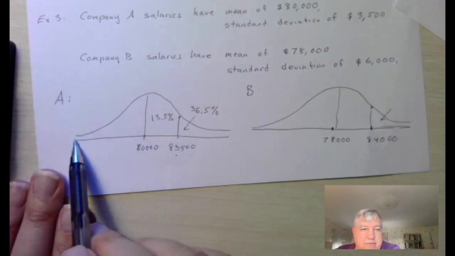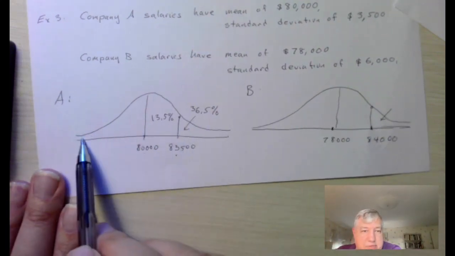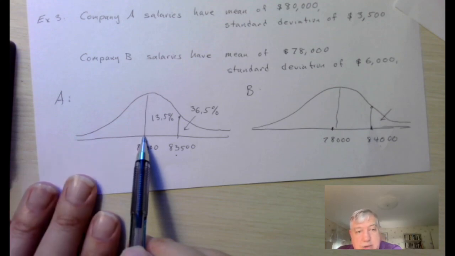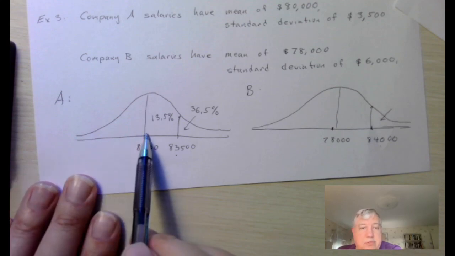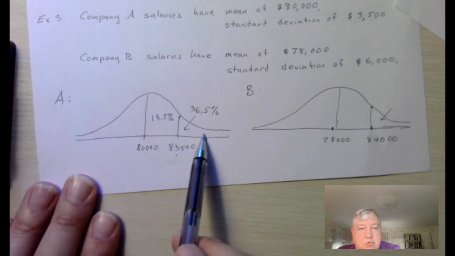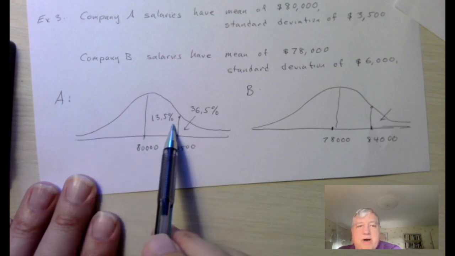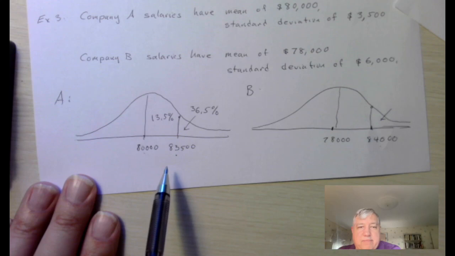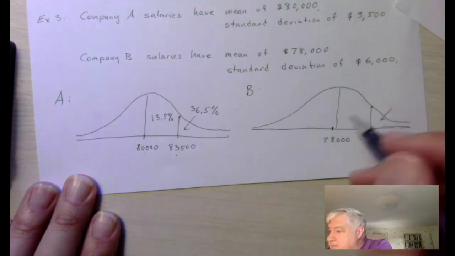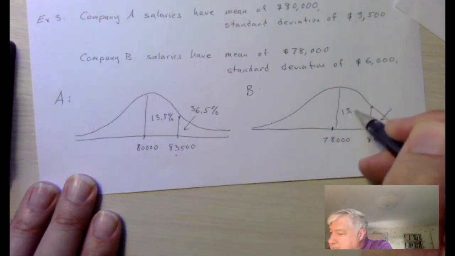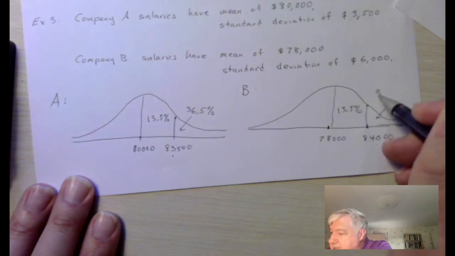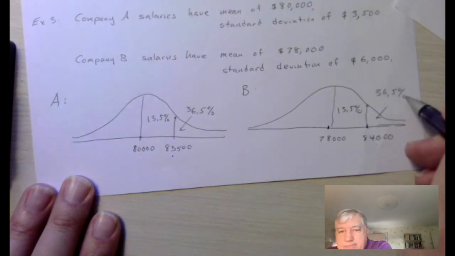Well, we know it's 50% from here to here, and then this region would be 100% minus 50 minus 13.5, and that's how we get 36.5%. And we do the same thing here. This is 13.5%, and this would be 36.5%.